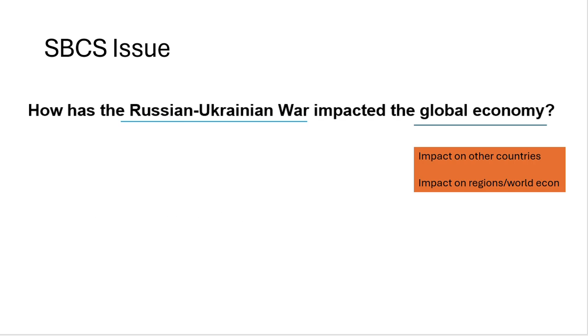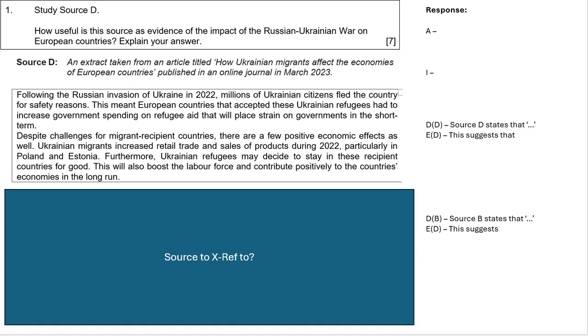Okay, so the first question we're going to look at now is the usefulness question. It says, study source D. How useful is this source as evidence of the impact of the Russian-Ukrainian war on European countries? Again, make sure you identify the keywords in this question. What are the keywords?